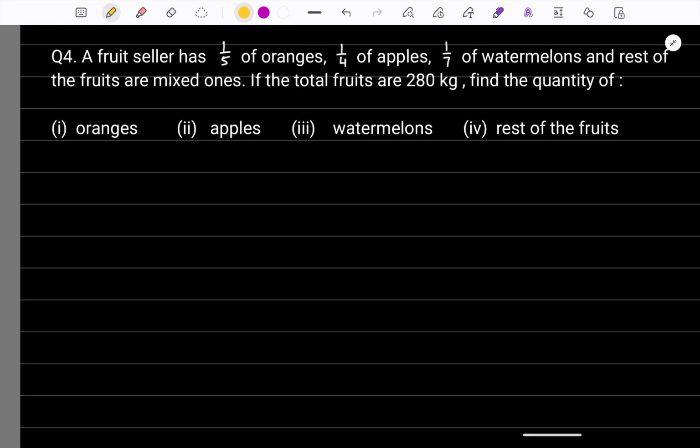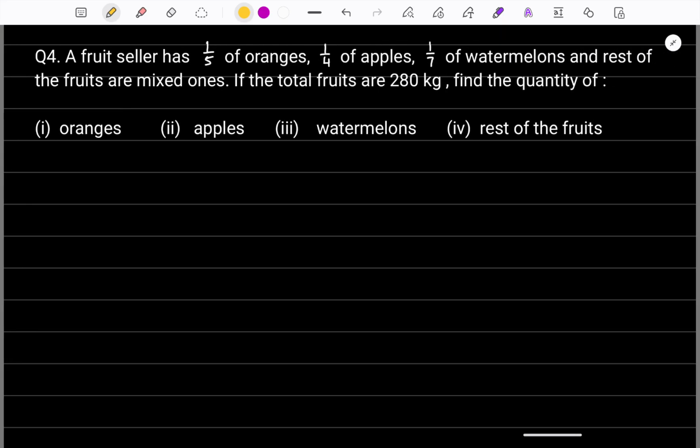Now let's move on to a statement question which says that a fruit seller has 1 by 5 of oranges, 1 by 4 of apples, 1 by 7 of watermelons, and the rest of the fruits are mixed ones. If the total fruits are 280 kg, so here the total is 280 kg. Find the quantity of oranges, apples, watermelons and the rest of the fruits.